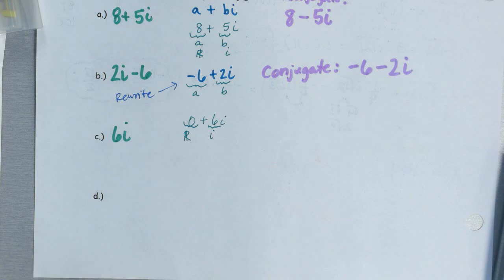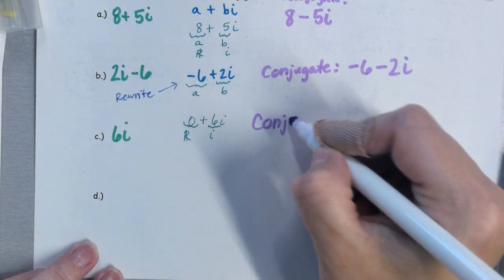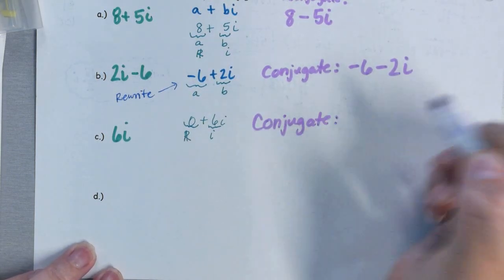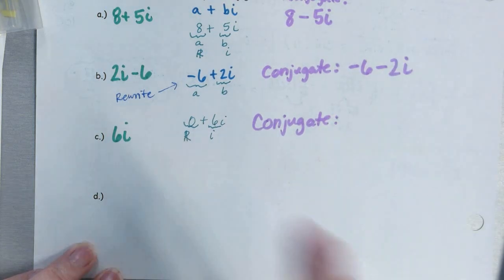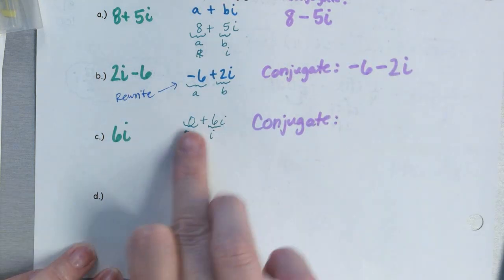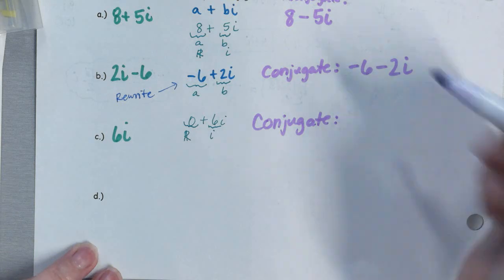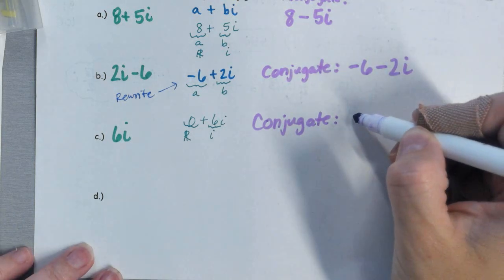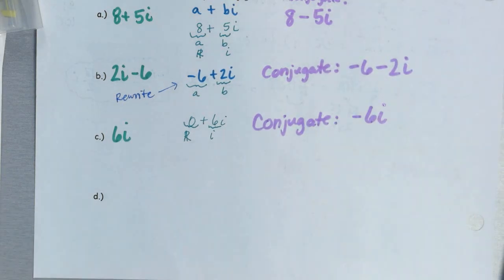So what do you guys think the conjugate's going to be? So it is 0 plus... so do the opposite. It would be 0 minus 6i, which will just be minus 6i. So if your real value is 0, you don't have to write that down. You just have to make the sign the opposite, if you only have the imaginary.